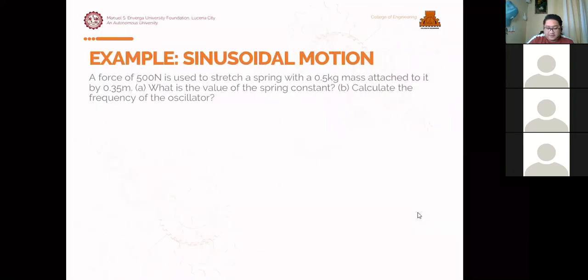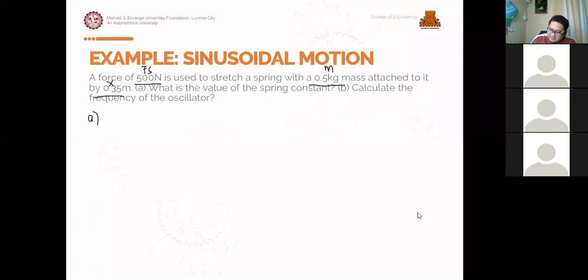Okay, so a force of 500 Newton is used to stretch a spring with a 0.5 kilogram mass attached to it by 0.35 meters. What is the value of spring constant? Calculate the frequency of the oscillator. Okay, so force natin, may Fs tayo ng 500 newtons, 0.5 kilogram na mass, then meron tayong distance. So Fs, meron tayong mass, meron tayong x.